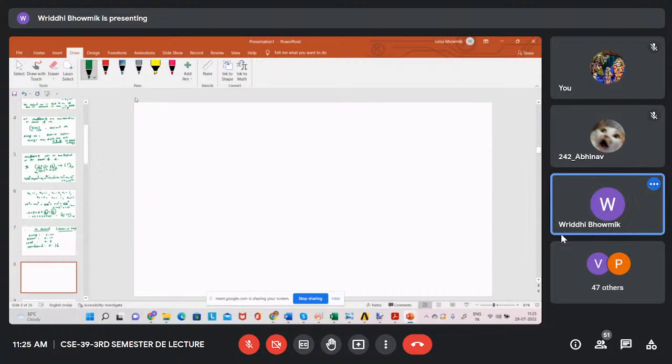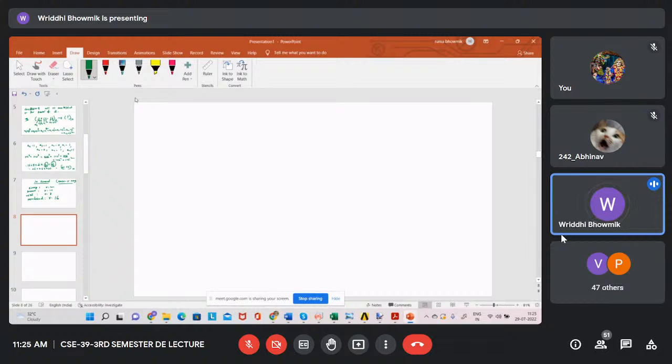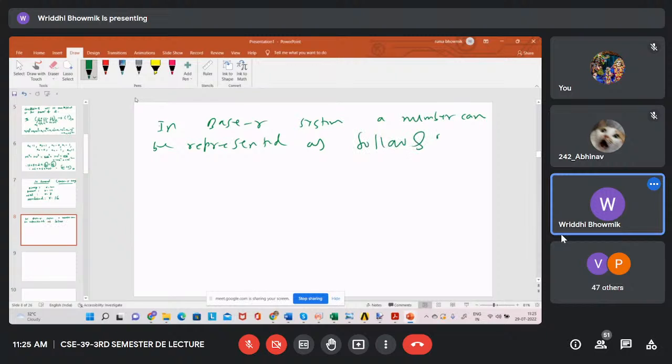Okay. So generally in the base R system, any number can be represented as follows, that is an into r to the power n. An means coefficient, right? And an will be multiplied by the power of r, because it is a base R system.